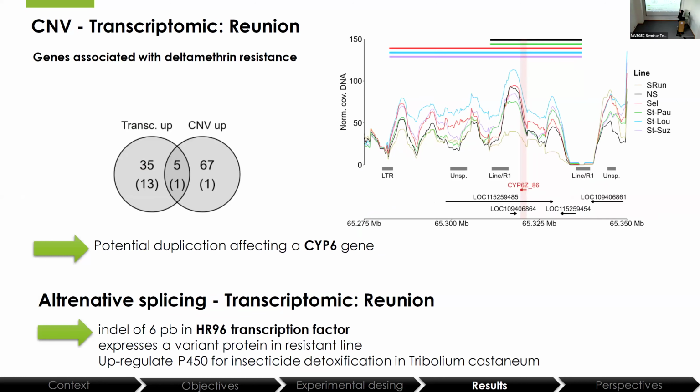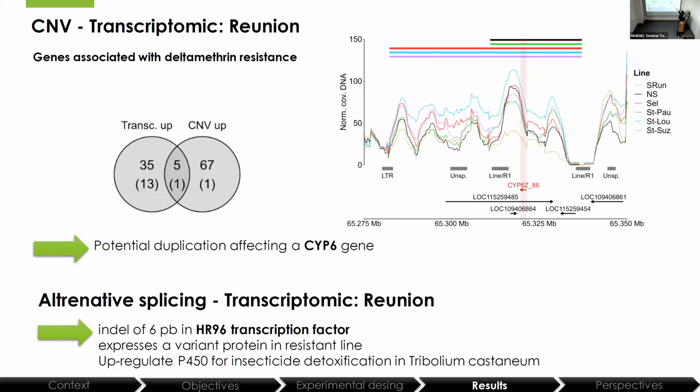In La Réunion, there is one CYP6 gene which is overexpressed and has a significant copy number variation, an augmentation in copy number in a resistant line. But the structure of this duplication is not very clear.